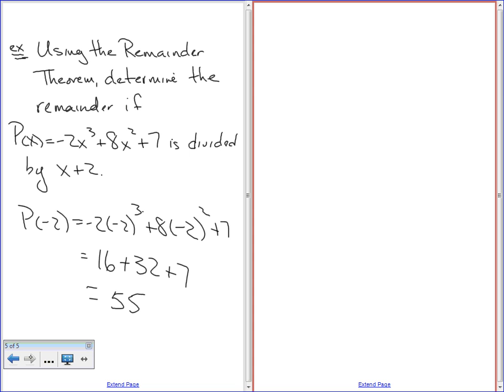Okay. So now that we know the remainder theorem, you have all the knowledge in order to answer this question. So I'm going to write it up there.